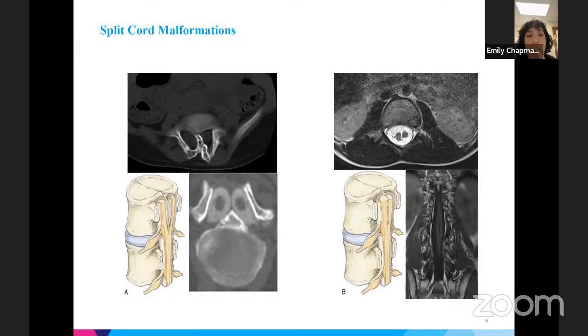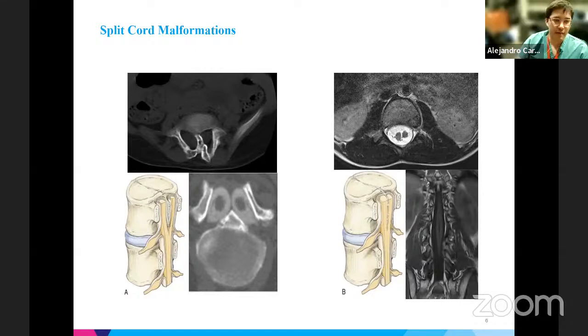I'm sorry, on the left, type 1. Diastematomyelia. And then I think the one on the right would be a type 2, diplomyelia.